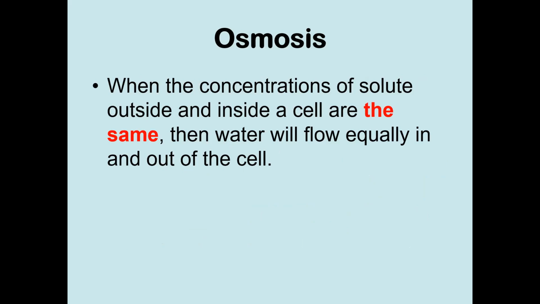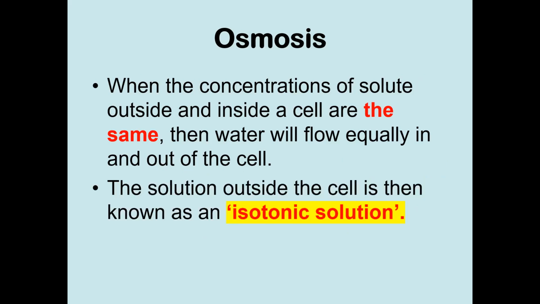There's constant movement of water, but the amount of water in and the amount out is the same. So there's an equal amount of water flowing. Now, in the case of equal concentrations of the solute on both sides of a membrane, each side is called an isotonic solution, iso meaning equal.